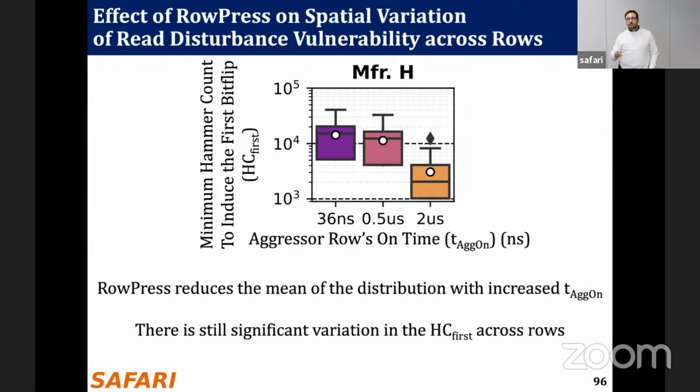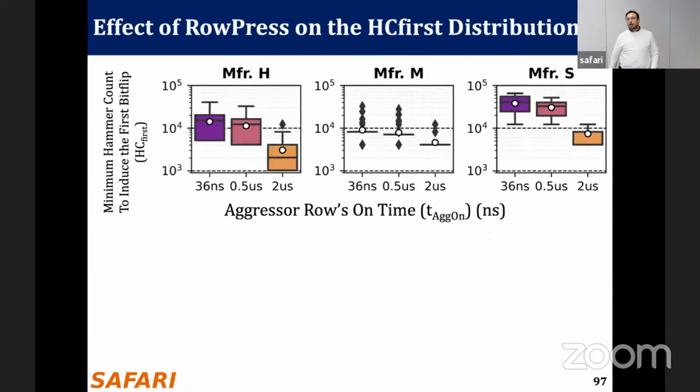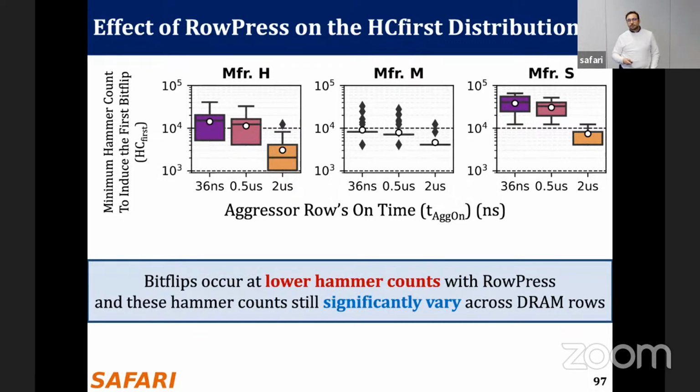And there is still significant variation in HC first across rows. This is important for us because we are trying to leverage this variation. When we look at the same data across different manufacturers, we observe similar patterns. Bitflips occur at lower hammer counts with RowPress, and these hammer counts still significantly vary across DRAM rows.